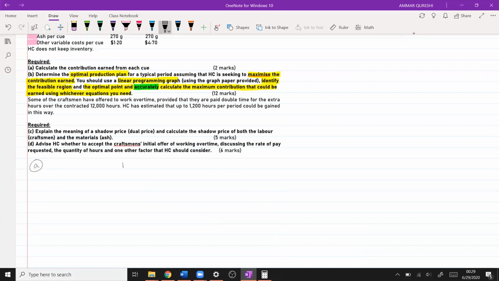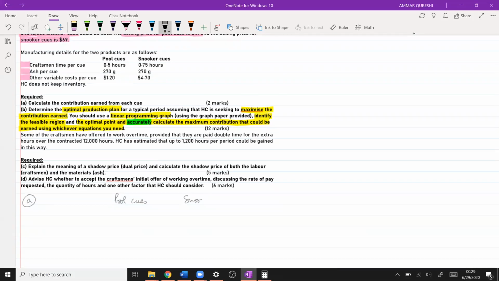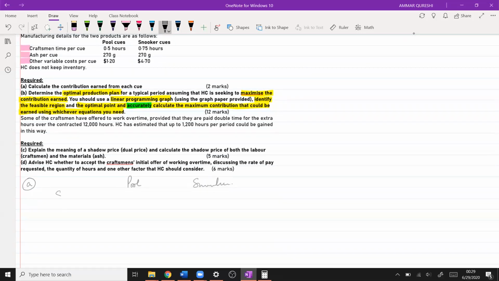So contribution from pool cues and contribution from snooker cues. We have to start from the selling price.